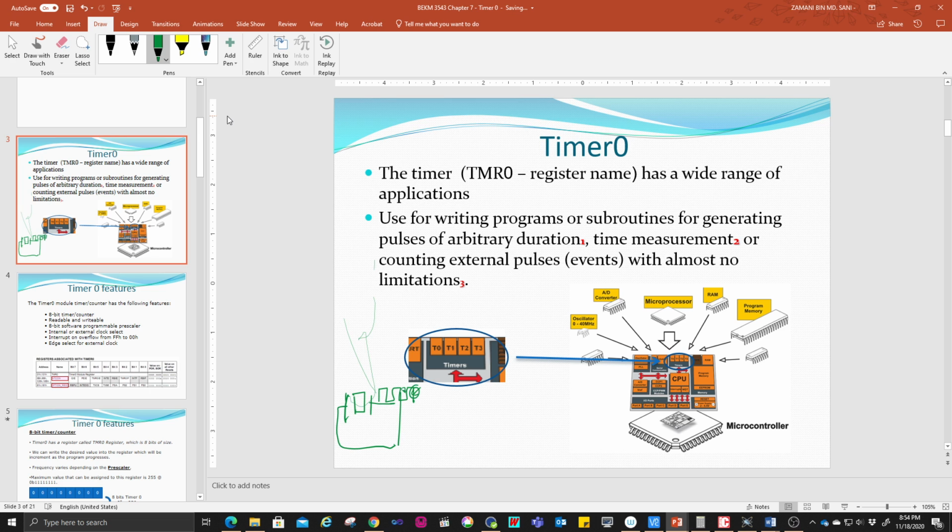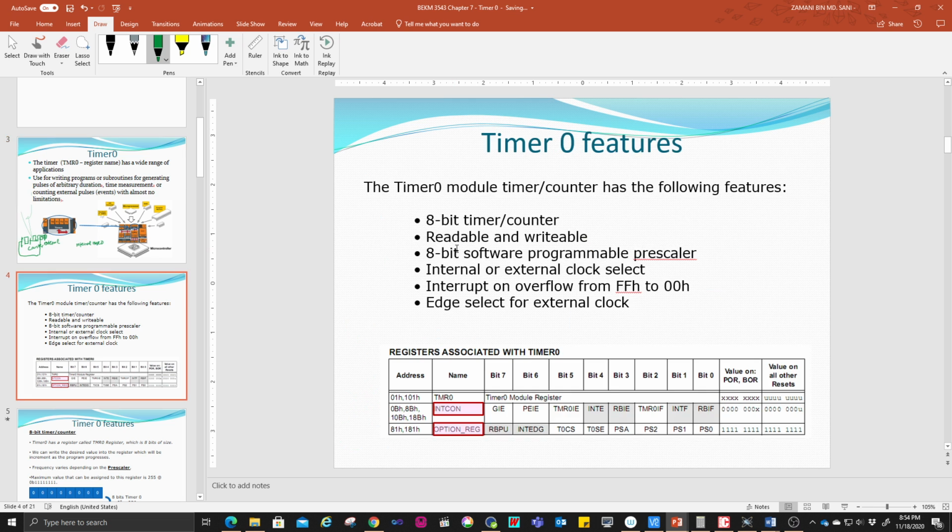But normally we can select this. They call it a counter. But the one that we are going to learn is not the counter, because the counter is related to the external clock. We are going to learn about the internal clock related to timer zero. Alright, so it's internal. Okay, let's move on.